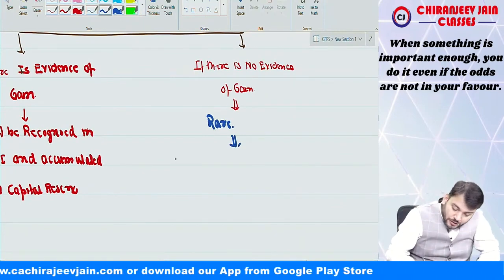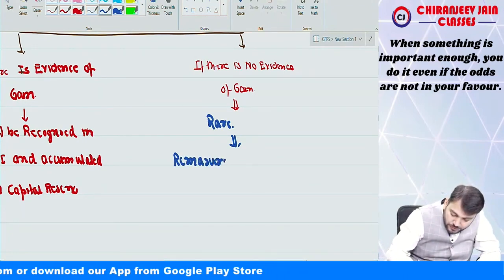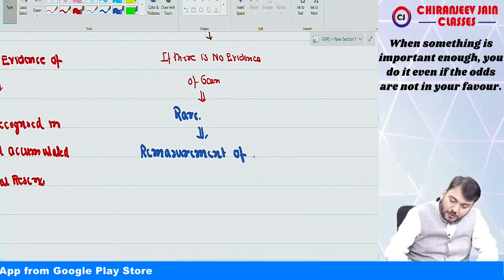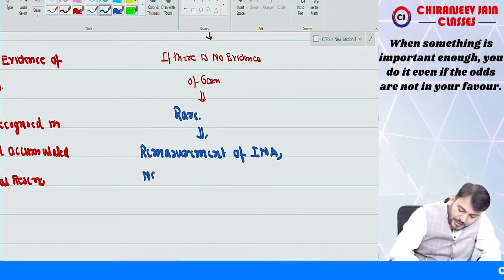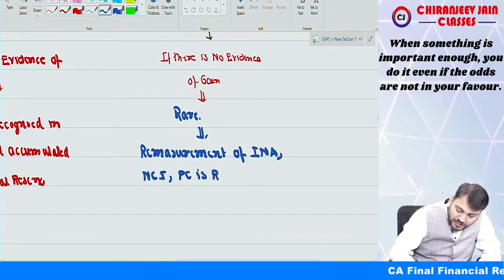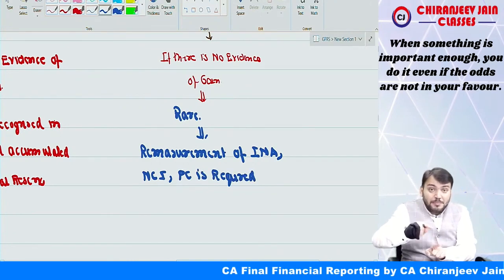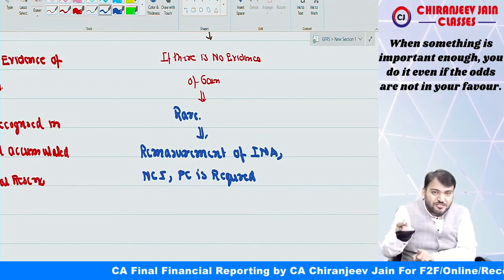So what they are saying, then do remeasurement of INA, NCI and purchase consideration is required. Do remeasurement of the value of INA, the value of NCI and purchase consideration.